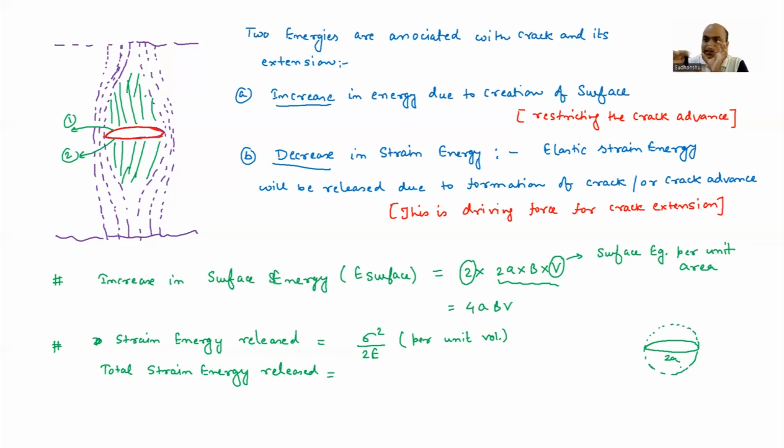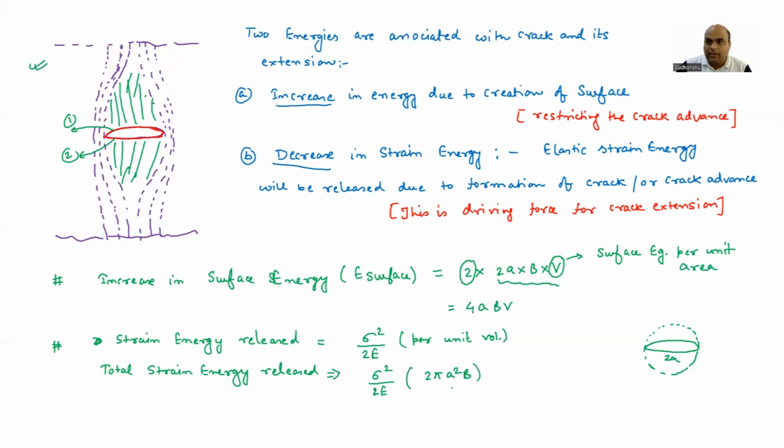But from the schematic on the top left, we can clearly see it is not a cylinder, and the volume is going to be higher than if we assume it to be cylindrical. Based on calculations, it has been figured out that the volume of that region can be given as 2 pi A square B.